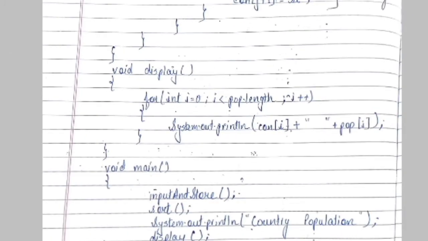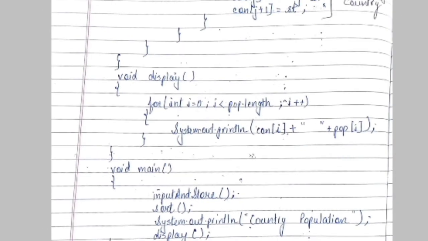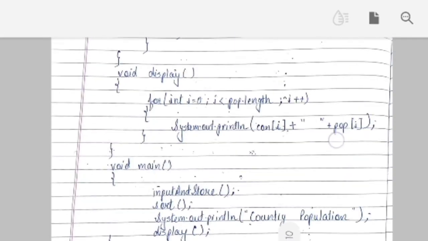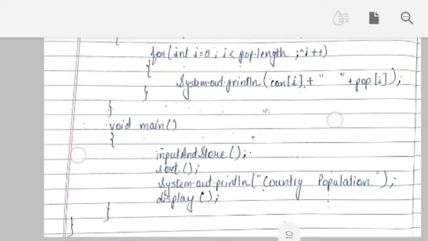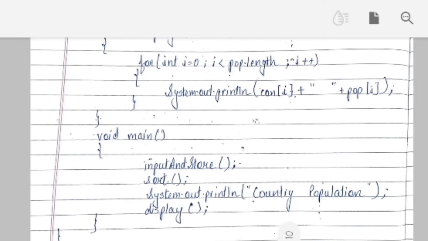The next thing I did was write a display function which will display the array elements of country and population, as you can see here, in tabular form. And then I wrote a main function in which I called the function input and store.